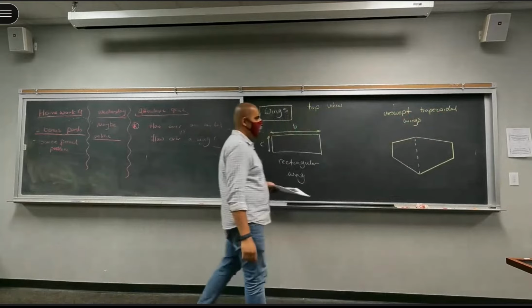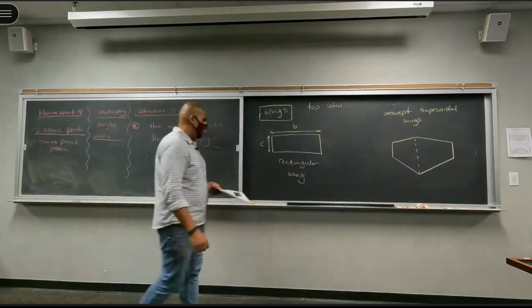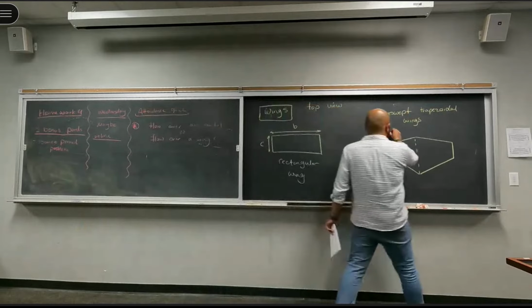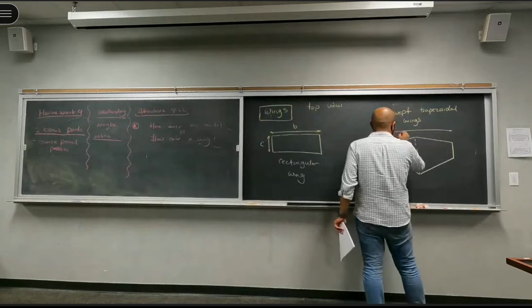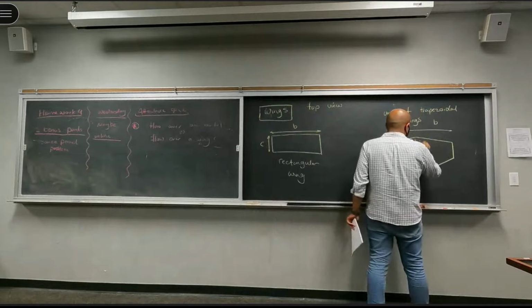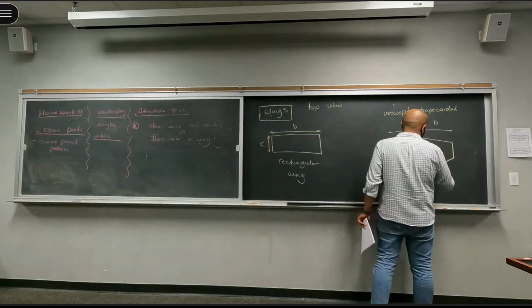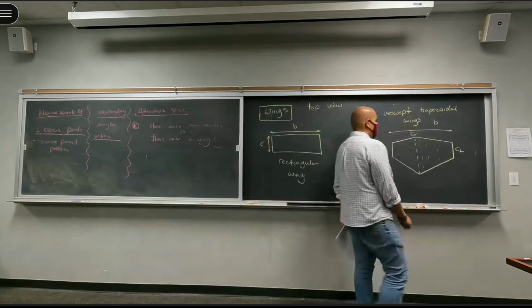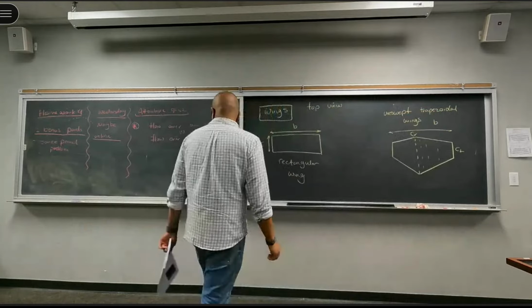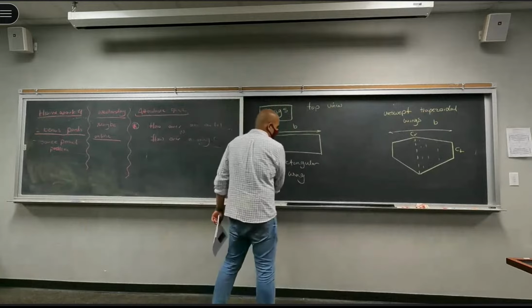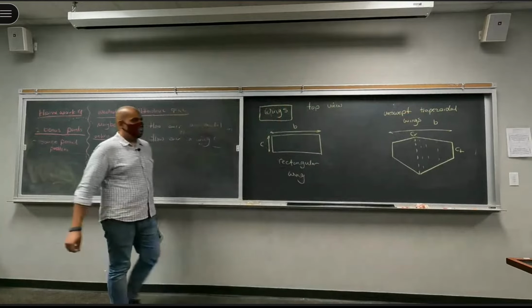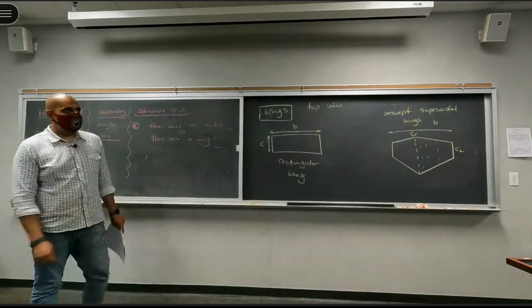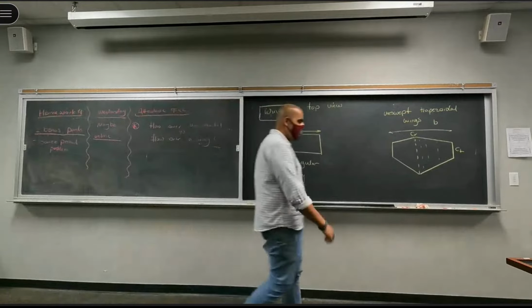This is their most general form. Again, this is a top view, and a span length again. Your chord length is going to change from your root to the tip. This is how it looks like. You're going to have a root chord and a tip chord.